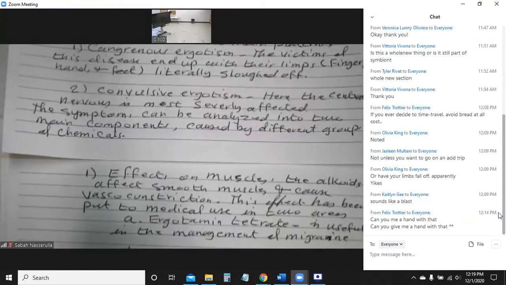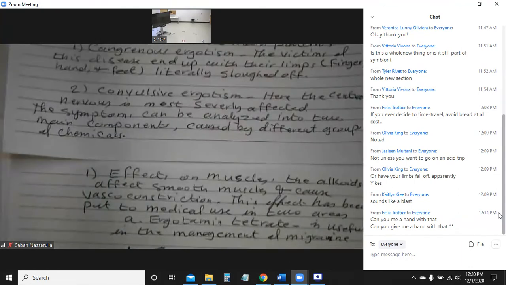Now the other one, known as ergometrine, this one basically has been widely used to induce labor.